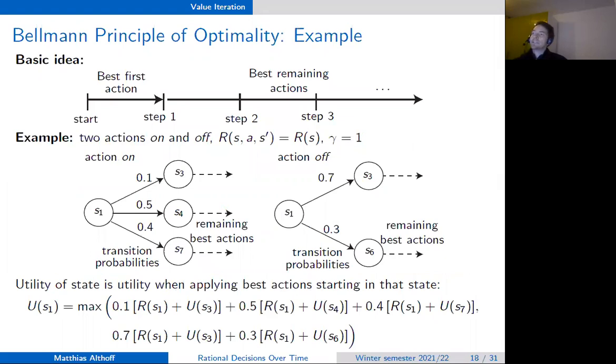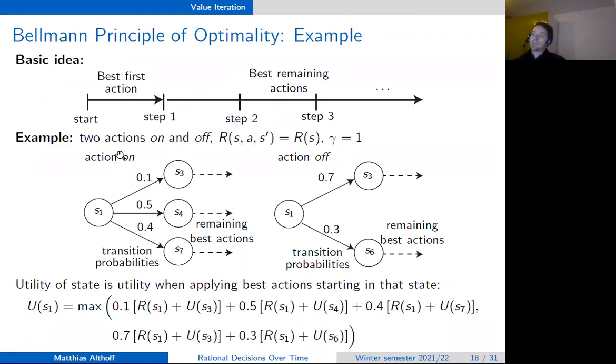If you want to have the best decision, you first take the best first action, and afterwards you take the best remaining actions. And that's also the same principle that we used for finding the most likely sequence in hidden Markov models. So there we already basically used the Bellman principle.